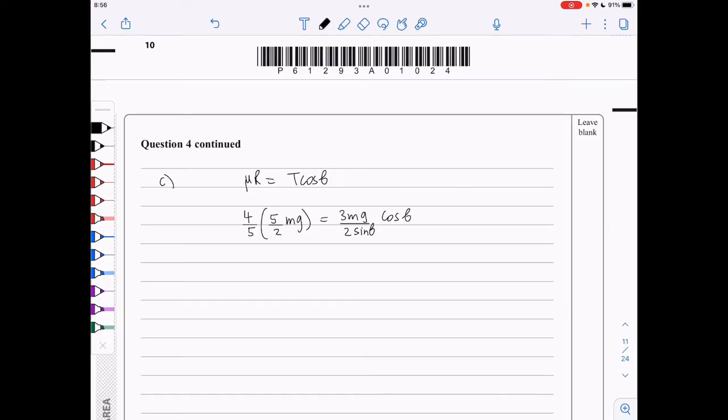We've got some simplifications. The 4 with the 2 leaves me a 2, the 5 with the 5, the mg with the mg. So all in all, I'm left with 4 sine β is 3 cos β. I will be dividing both sides by 3 cos β.